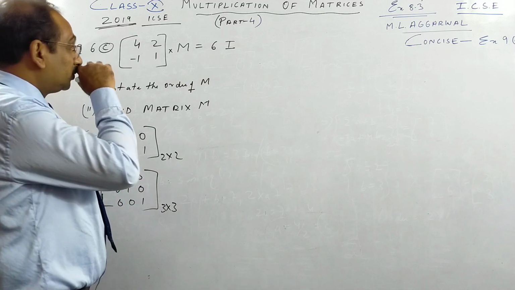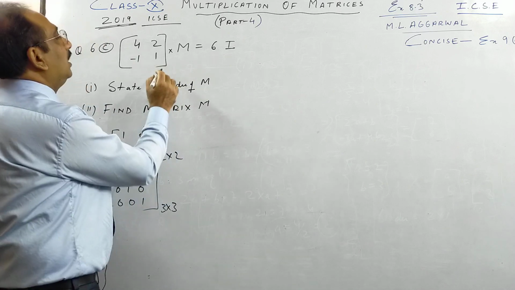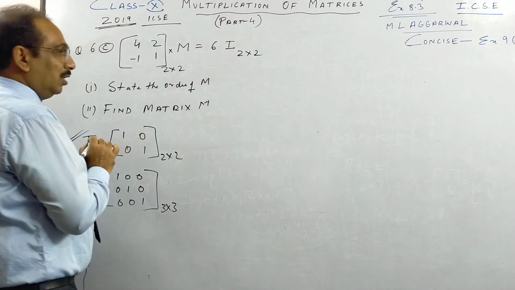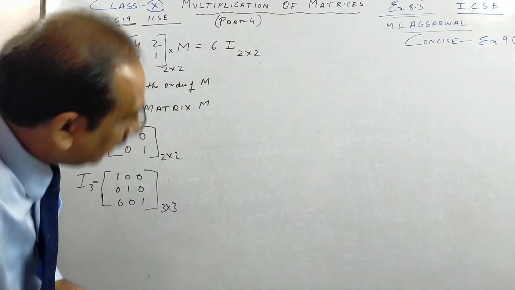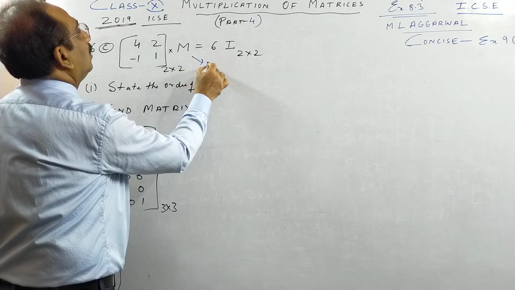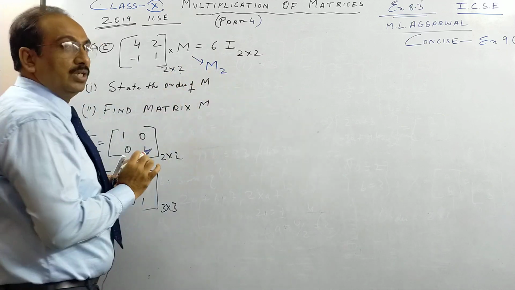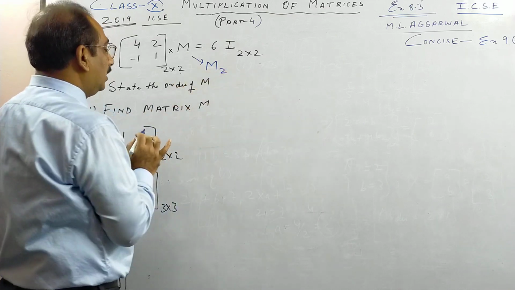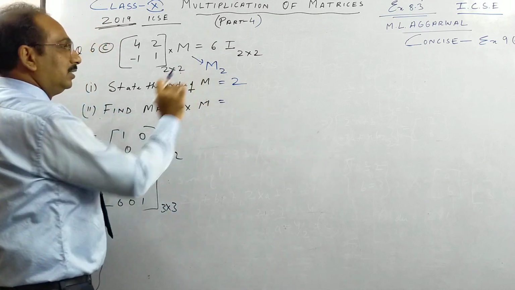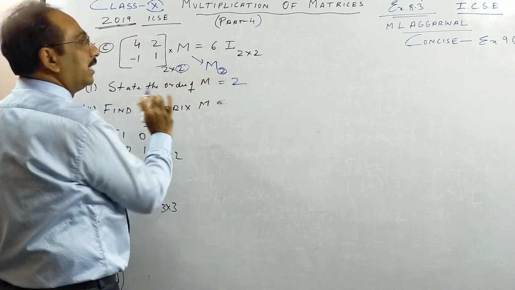First, what is the order of M? Something very important, as I was telling you: this is 2 by 2 and I is also 2 by 2. Here, if you see, I am writing M over here to make it clear. The column of the first should be equal to the row of the second. The row of the second is 2. Now these can be multiplied, so forget this 2.